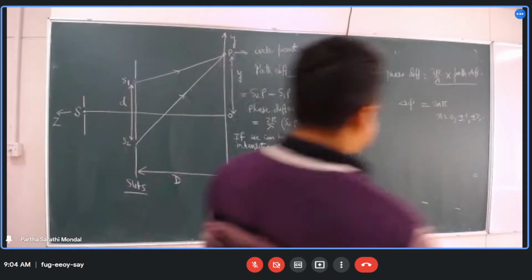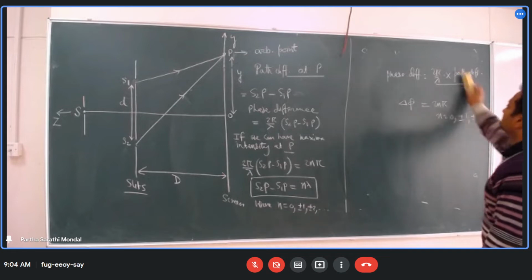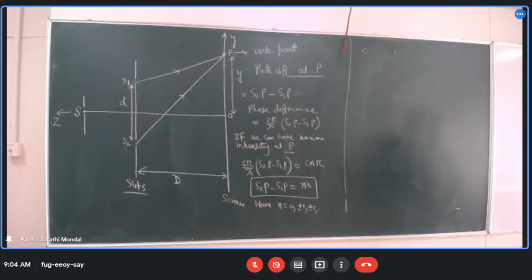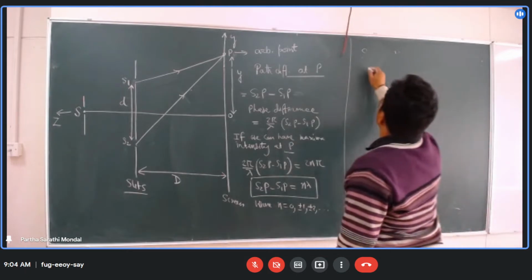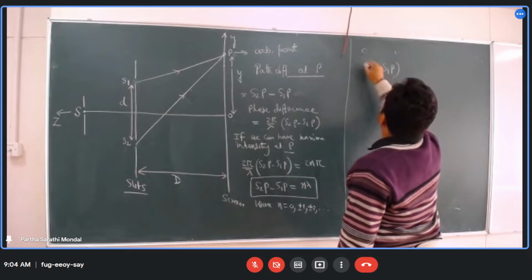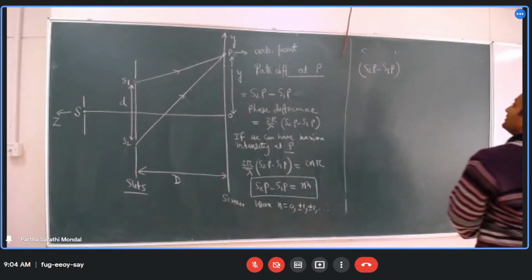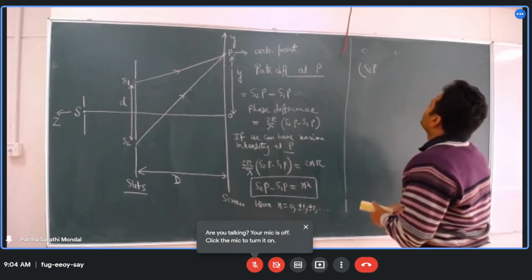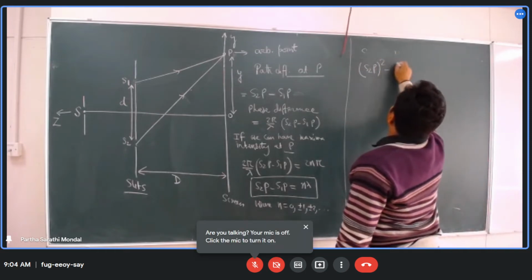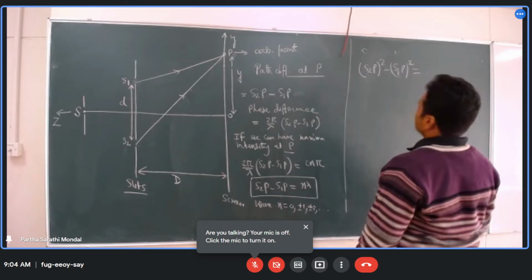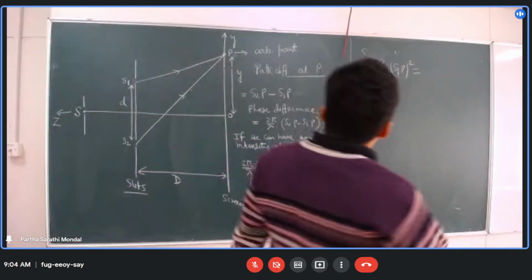So if I calculate S2P minus S1P, S2P whole square minus S1P whole square, what will it give you?